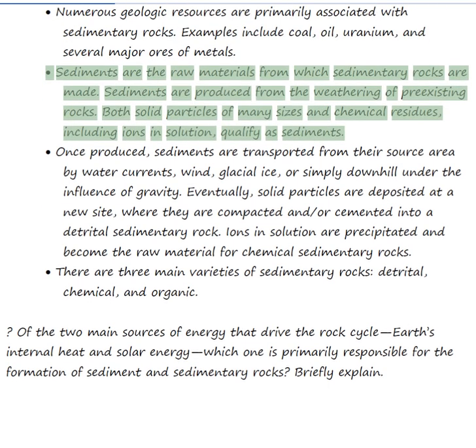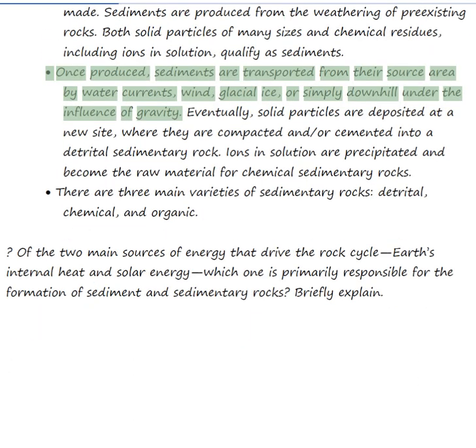Sediments are the raw materials from which sedimentary rocks are made. Sediments are produced from the weathering of pre-existing rocks. Both solid particles of many sizes and chemical residues, including the ions in solution, qualify as sediments. Once produced, sediments are transported from their source area by water currents, wind, glacial ice, or simply downhill under the influence of gravity.